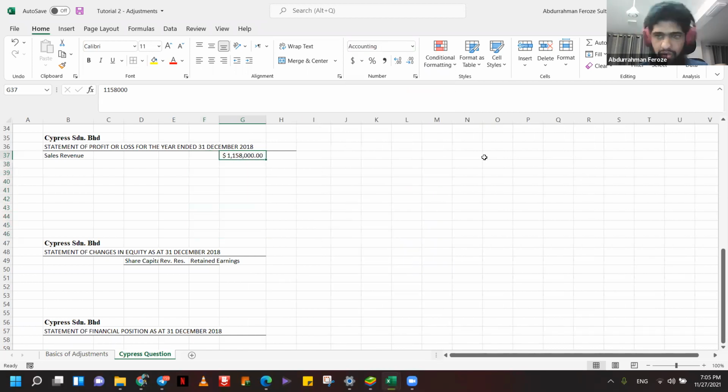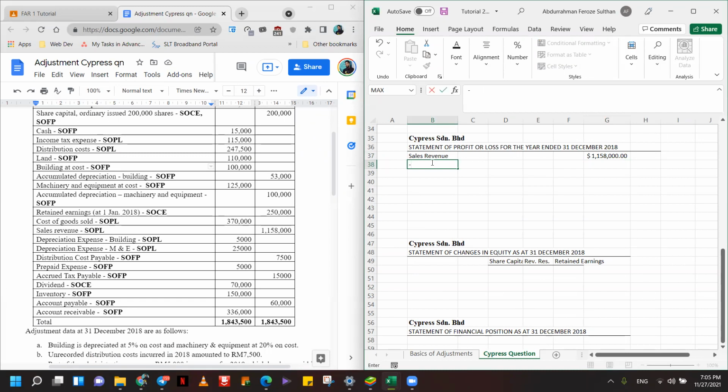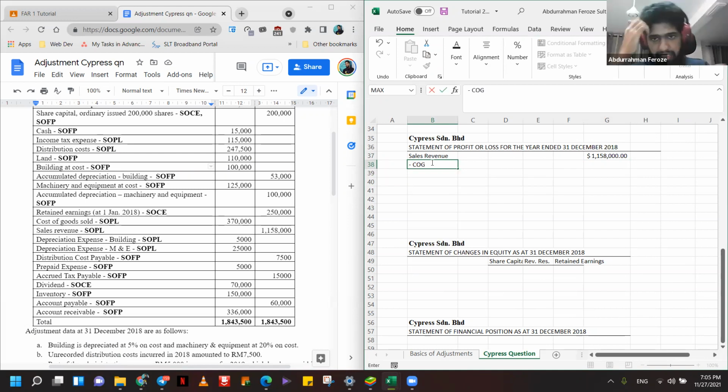Okay, so sales revenue is 1,158. What comes next? What comes after sales revenue? Cost of goods sold. You guys have done this, right? So basically, COGS, that's the short form.